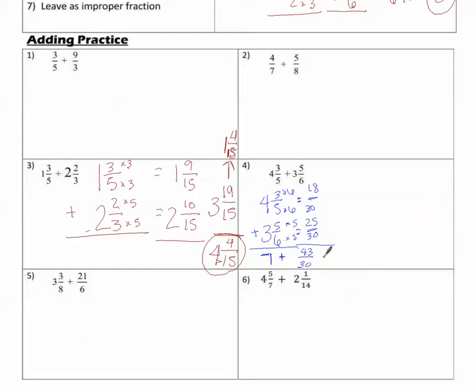You need to simplify that to a mixed number. 30 goes into 43 one time, with 13 remaining. Keep your denominator. Now you need to add the two whole numbers that you have to give you 8 and 13/30 as a final answer.